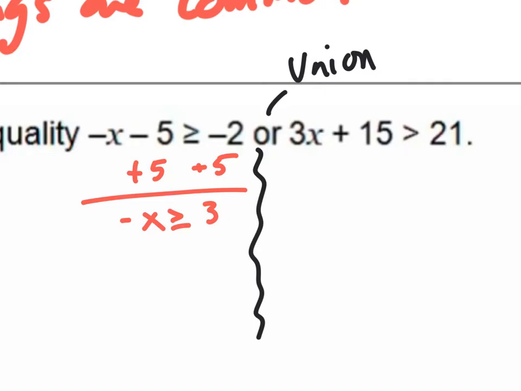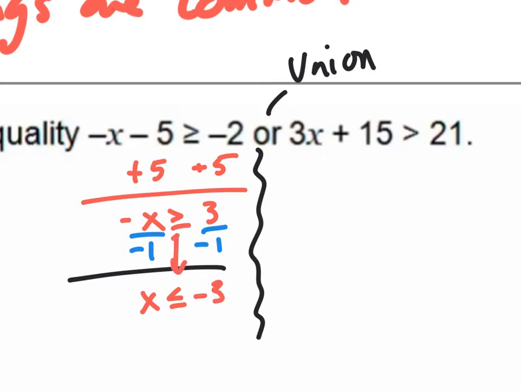Now I have negative x, so I need to divide by negative 1. As a result, I get x is less than or equal to negative 3. Notice how I had to switch my inequality sign. There's one solution.